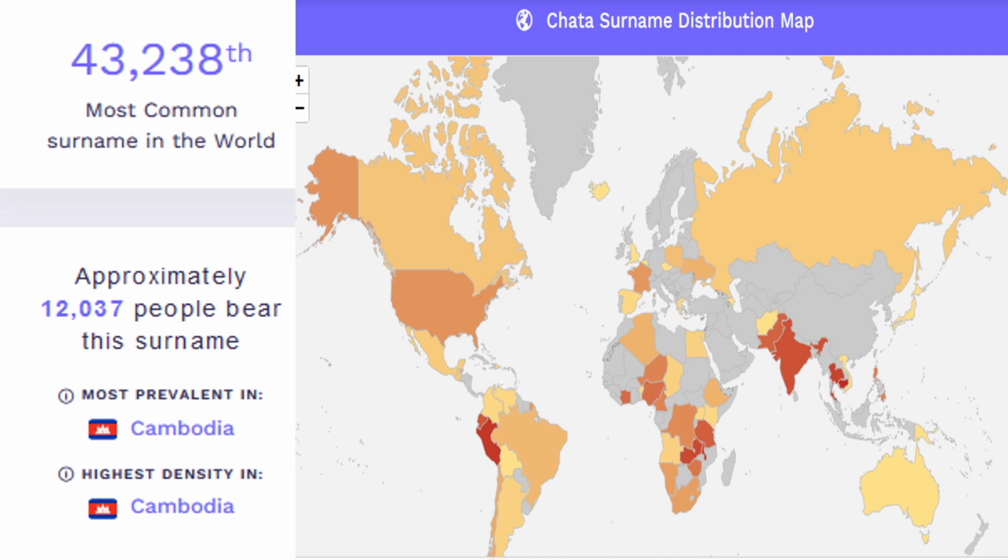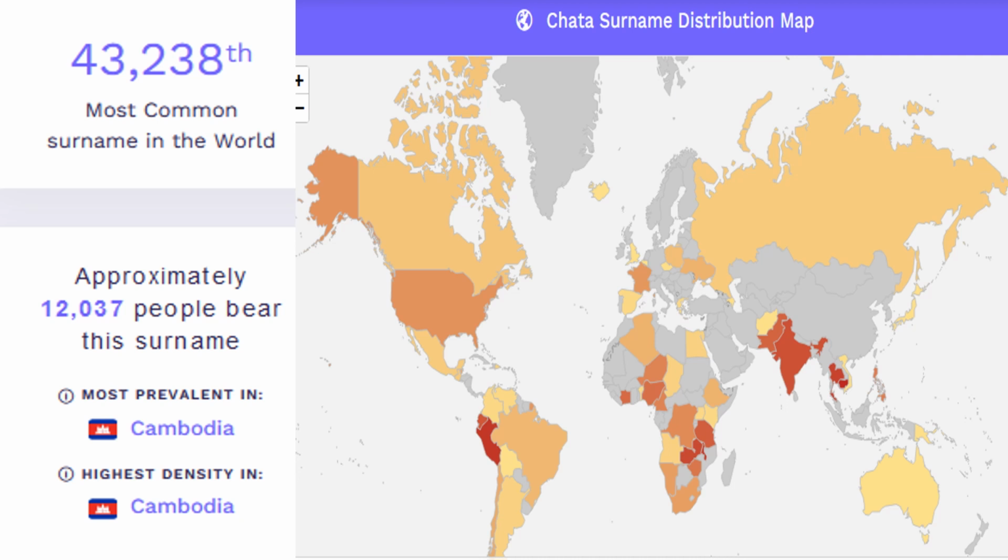And this name Chata is another important one. When you look, you can see that even though this name is integral to a number of people groups in the Americas, the prevalence of this name is coming out of Cambodia. You do see a hot spot in South America, but for the most part, you see this name coming definitively from the East.